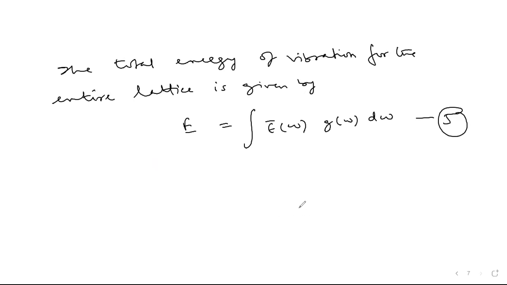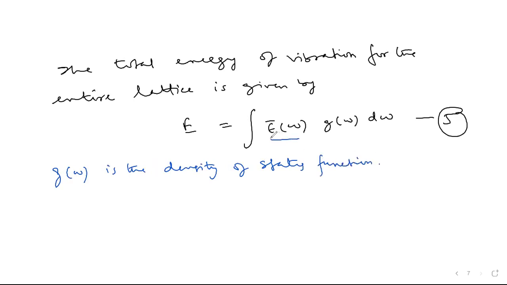Here the integration is effected over all the allowed frequencies. You know here G omega is the density of states function, right? And this one, epsilon bar omega, is what?